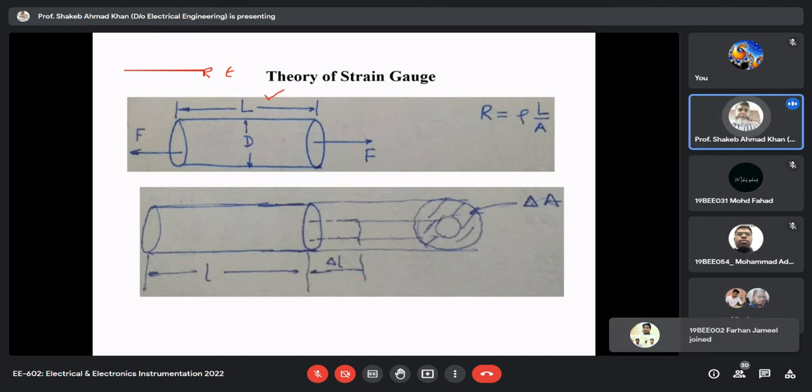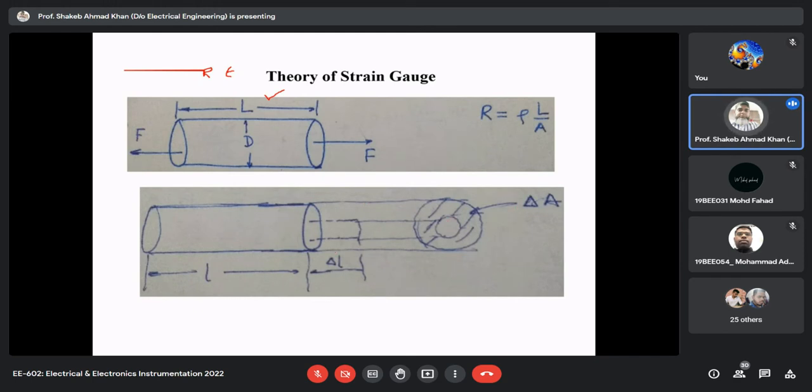So for that purpose we use sensors to find out the strain. This is what exactly I am trying to explain. So when the wire is stressed, this kind of deformation takes place in the cross-sectional area and in the length.